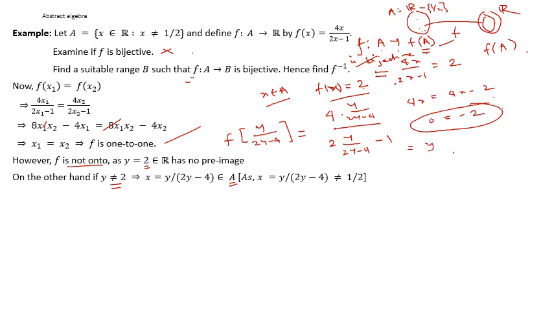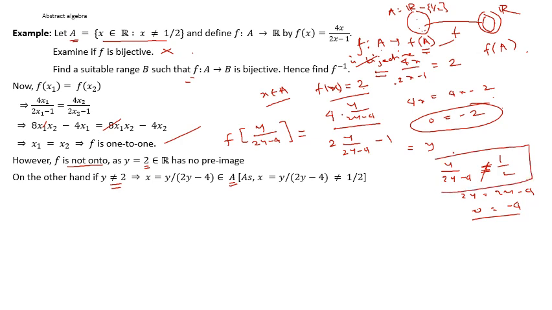So also y by 2y minus 4 not equal to half. হাফ হলে কিন্তু হবে না, কারণ x not equal to half, capital A তে half element নেই. Because if it is half then again we get y equal to y minus 4, that means 0 equal to minus 4, which is absurd. So y by 2y minus 4 is not equal to half, therefore y by 2y minus 4 belongs to capital A.